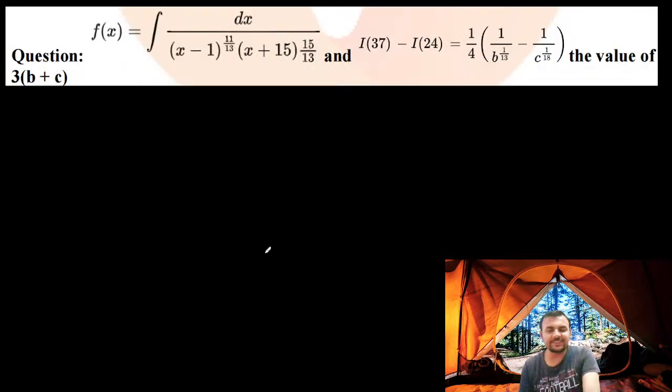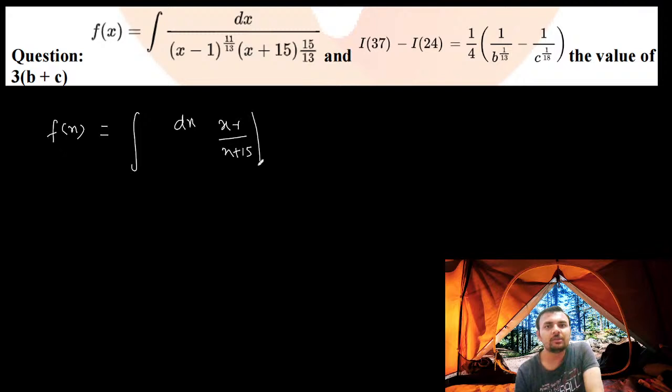Question number this. This is a previous year question. This is dx. We will do x minus 1, x plus 15, 15 by 13, and this will come out to be x minus 1 whole square.